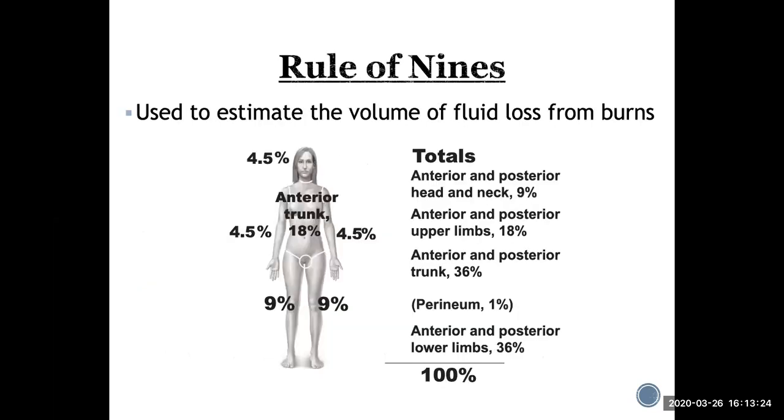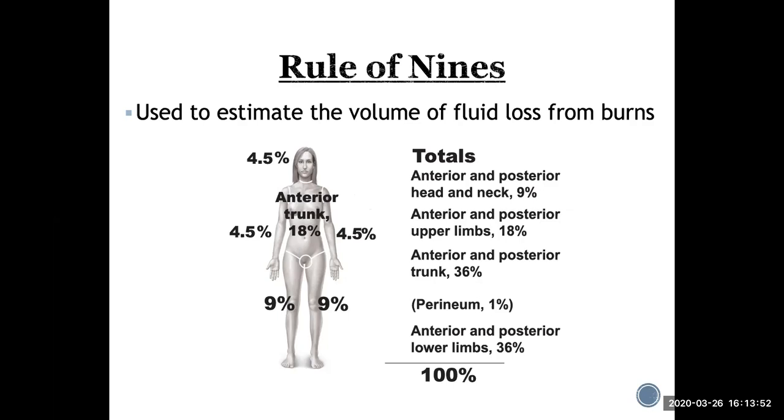In order to determine how severe a burn is, or to estimate the volume of fluid loss caused by a particular burn, you can use the rule of nines. So on a human being, generally speaking, the anterior portion of your head, so your face, makes up 4.5% of your body surface.